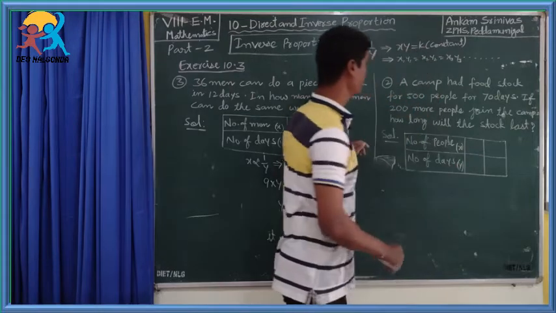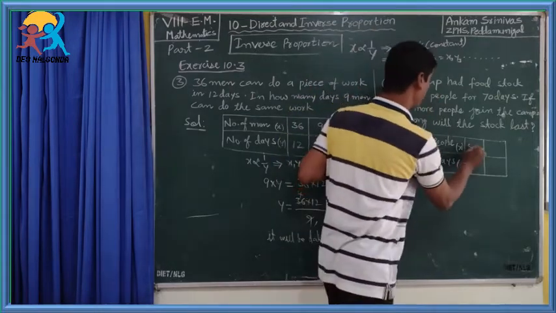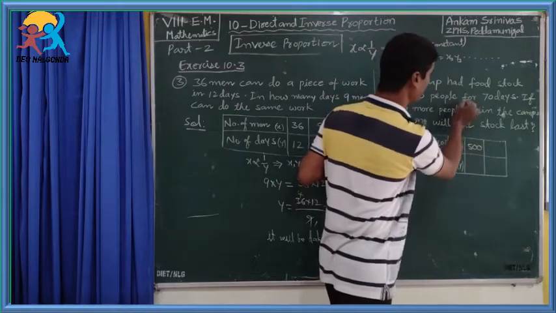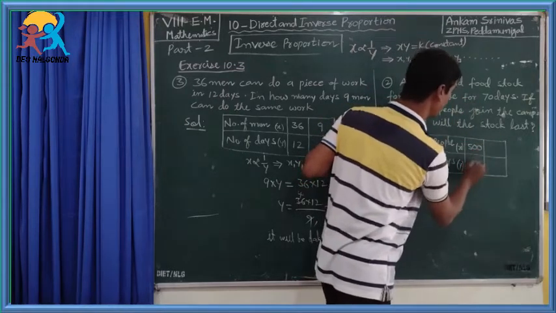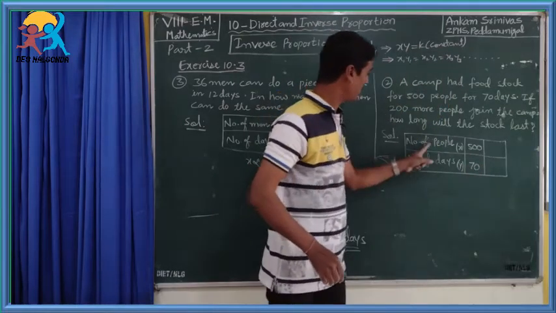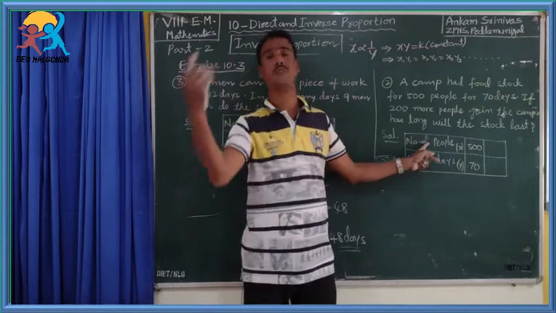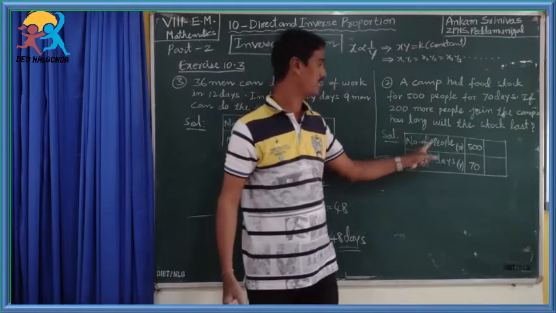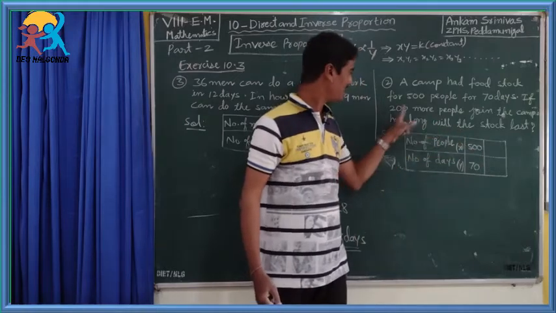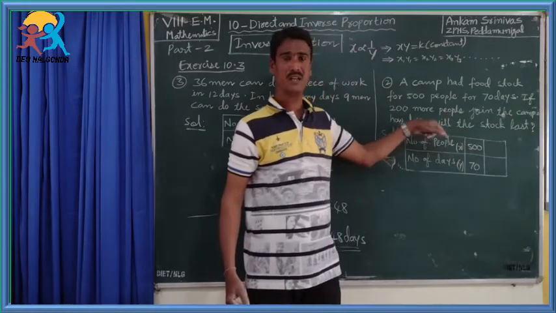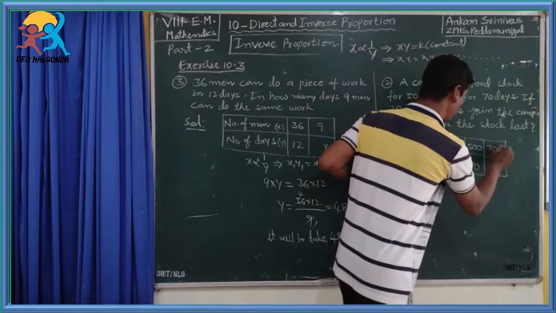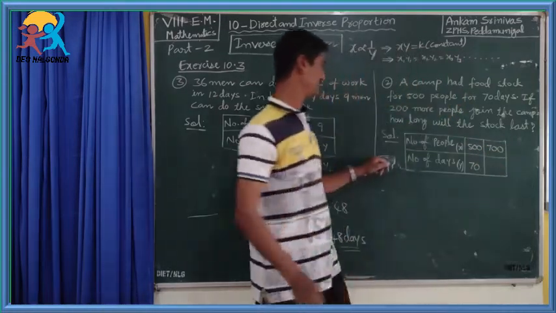Let us suppose y. Here 500 people and the food stock will last for 70 days. And 200 more people joined this camp. Already 500 people exist in this camp, then 200 more people join. Then how many people are in the camp in total? 700 people in the camp.